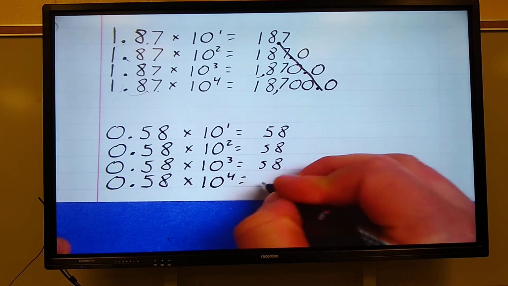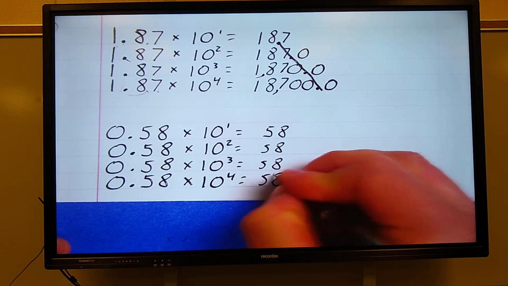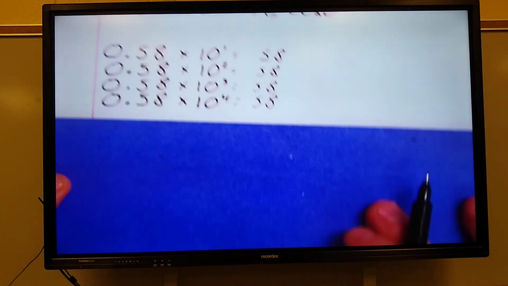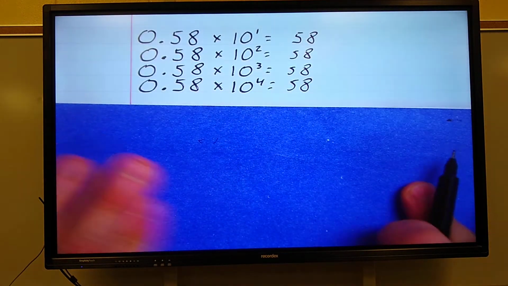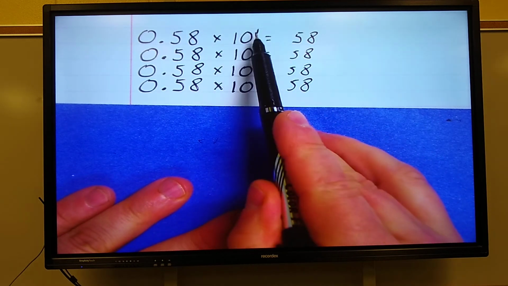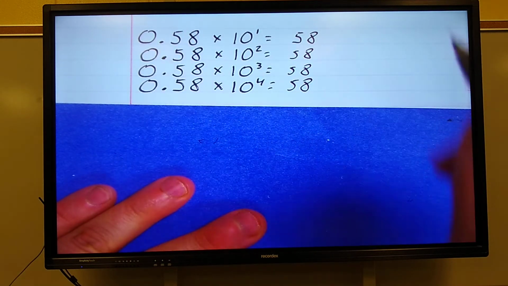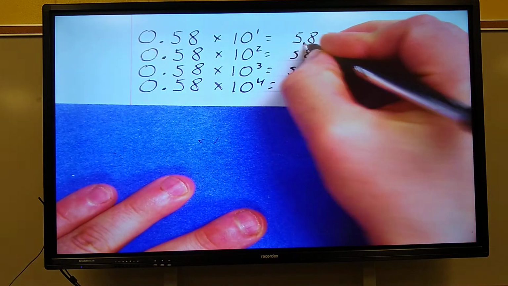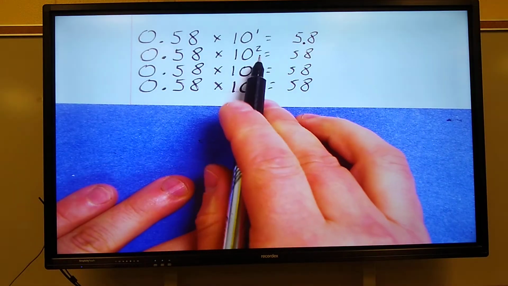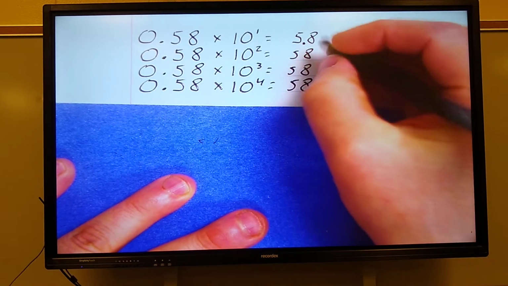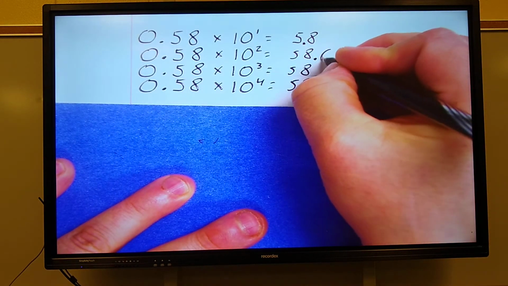No decimal anywhere because I'm going to move it. 10 to the 1st power tells me to move my decimal place over 1 time. My answer is 5 and 8 tenths. 2 times, I move it over twice. 1, 2. Decimal, add a 0.